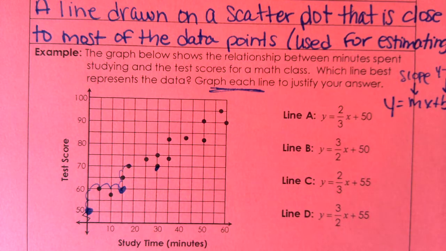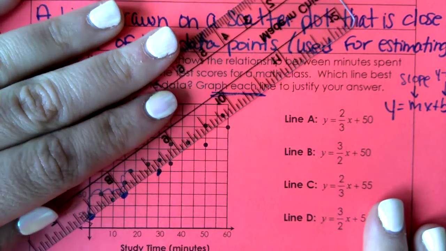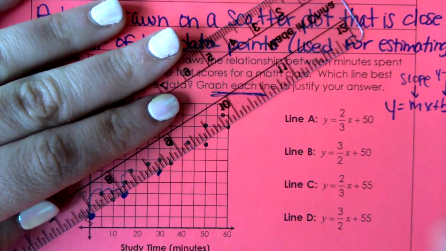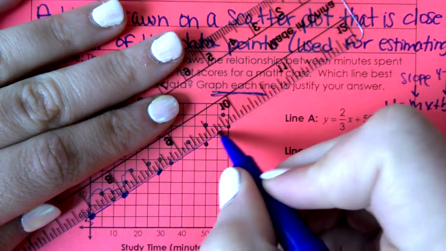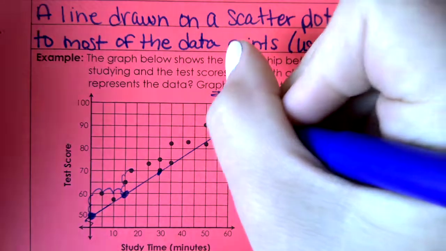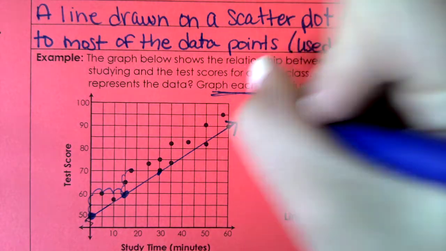And then once you guys all have your own ruler, I'm going to connect those dots that I connected, and I'm going to graph that. Darren, will you hand one out to everybody, please? Okay, so that was line A.